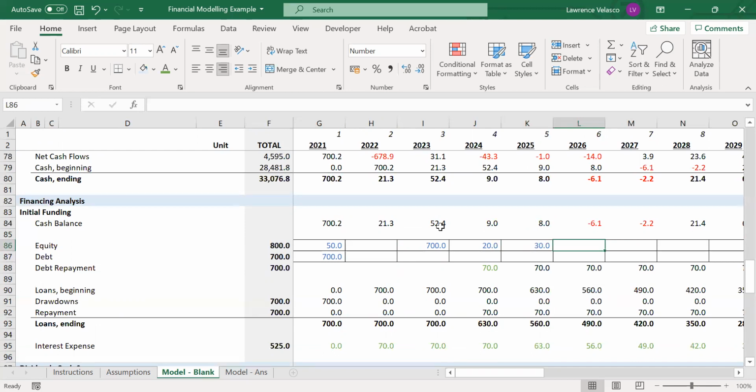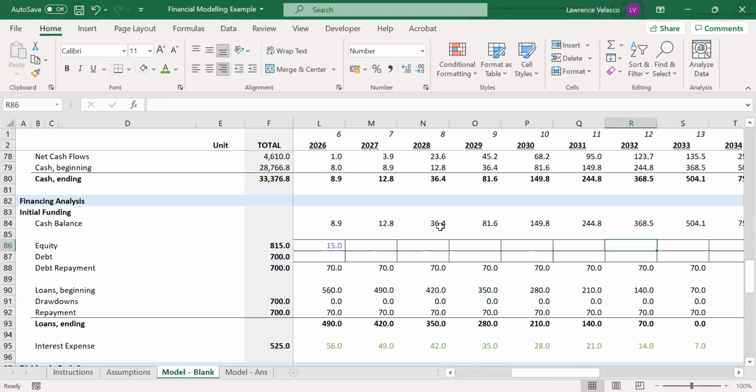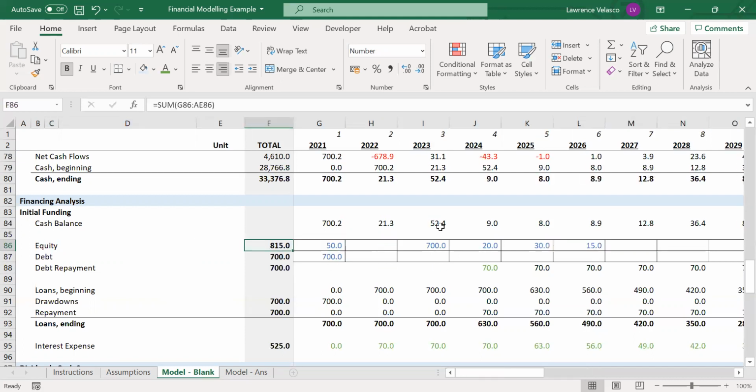Tapos dito, 10 million. Okay, or siguro lakihan naman natin, 15. Okay, yan. So under this funding scenario, I have to fund 815 debt and 700 million equity. As 815 equity, 700 million debt.